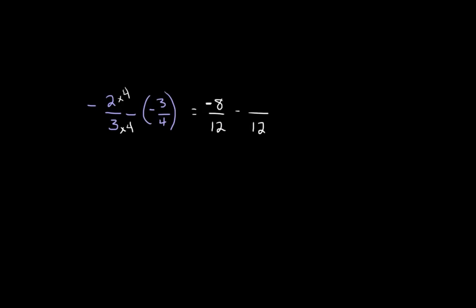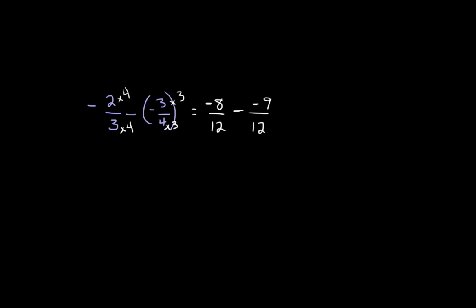Don't forget about that negative sign over here. 4 times 3 gives me 12, so I have to multiply negative 3 by 3. Negative 3 times 3 is a negative 9. Watch out for your negatives. Okay? So now we have negative 8 over 12 minus negative 9 over 12.